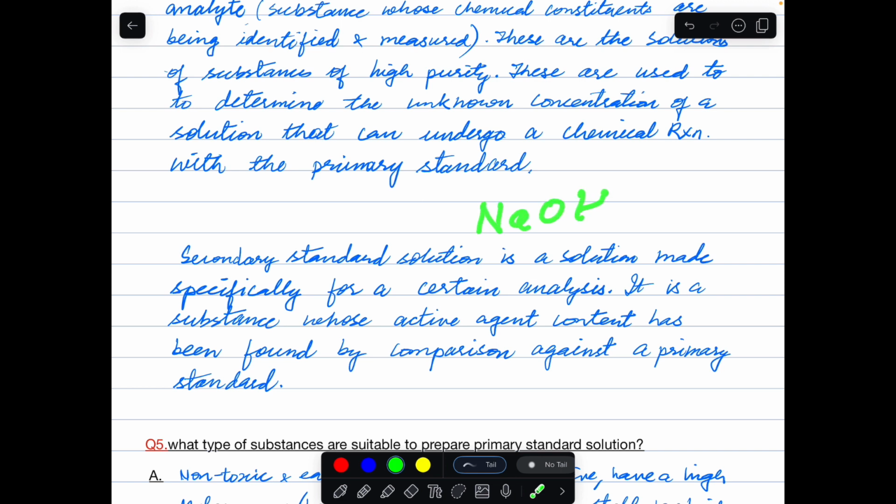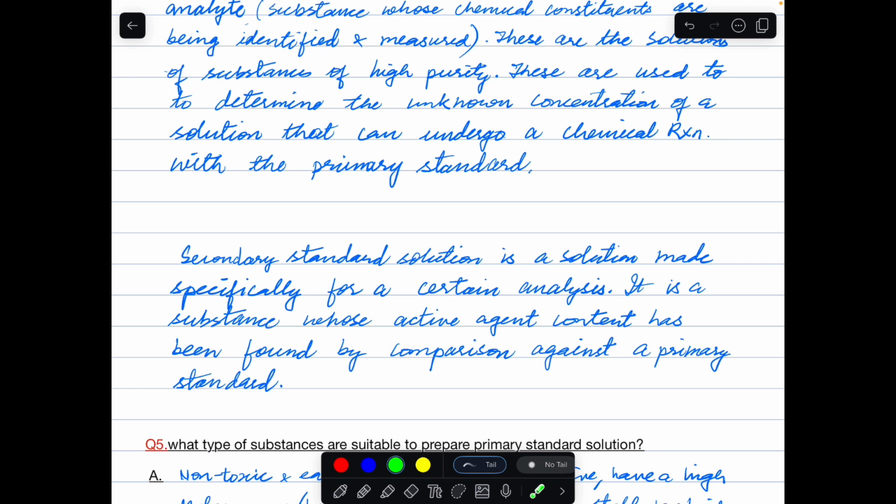Whenever it comes in contact with open air or atmosphere, it will absorb moisture and convert into liquid. So therefore lots of liquid will stick to the watch glass in which you are weighing, or some will stick to the edges of your flask or beaker in which you are preparing the solution. Therefore what we do, we prepare a secondary standard solution in such a case.